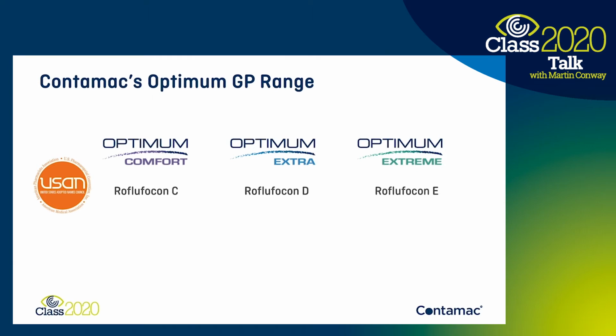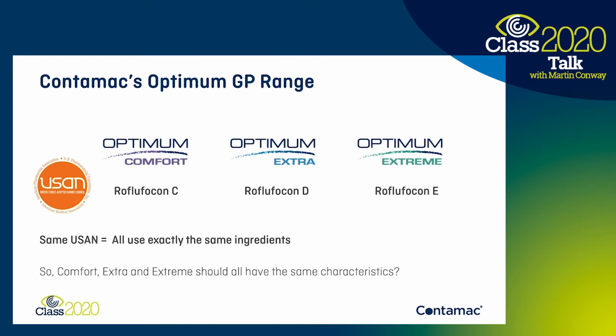Now they all share the same Roflifocon name, which means they all share identical ingredients. Now, as I said, there's up to 12 different ingredients, and it's exactly the same as cooking a cake, yet they all have different characteristics.